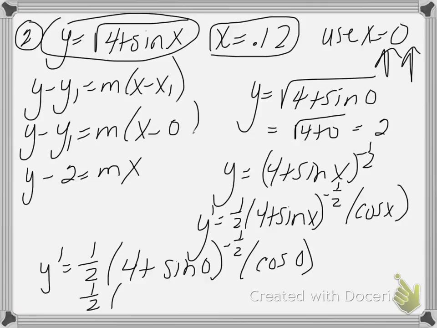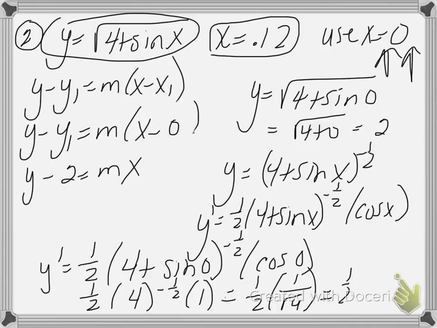Okay, sine of 0 is 0, so we're just going to get 4. And cosine of 0 is 1. Okay, so we're going to get 1/2. 4 to the negative 1/2 power is 1 over radical 4. So that's just going to give us 1/2 times 1/2, which equals 1/4.